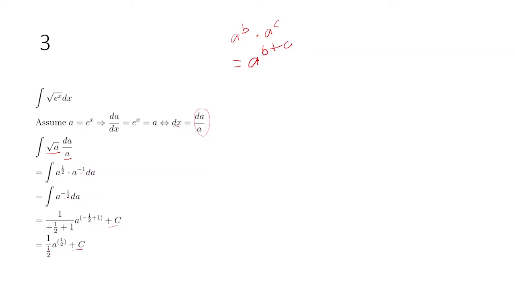Now 1 over 1/2 would just be 2, and a to the power of 1/2 would just be the square root of a. Or we can already substitute a is equal to e to the x to make it easier. So the final answer we will get would be 2 times the square root of e to the x, plus c.